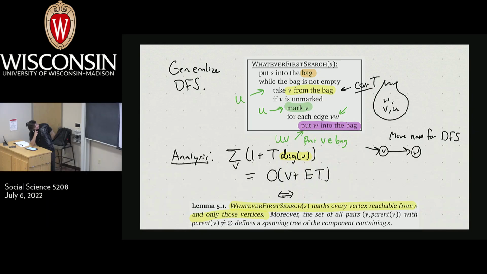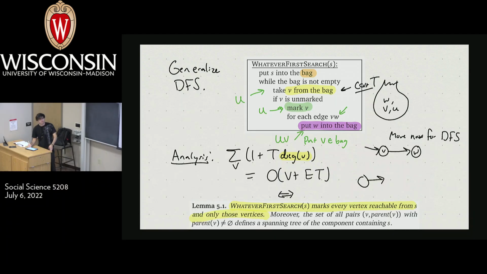So I'm modeling this slightly differently. I'm saying we're taking V out only when we hit an edge, right? So this won't be true for every vertex because some vertices aren't reached. We only take things from the bag if we followed an edge to get there. So I'm associating the cost of the bags with the edges followed. You can think of each edge as being directed.